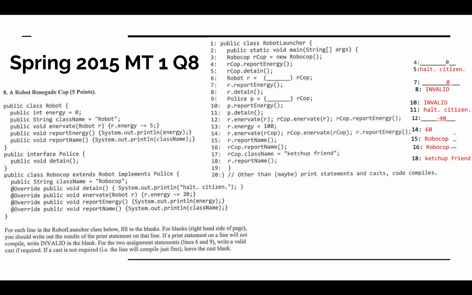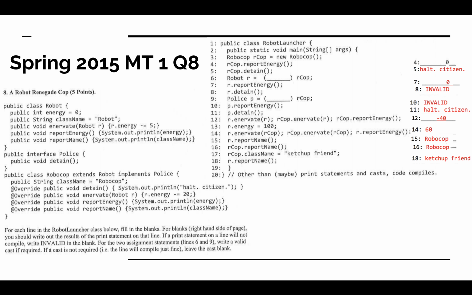Oh, okay. So R cop is pointing to the same thing as R. I see, right, because we have Robot r equals rcop.